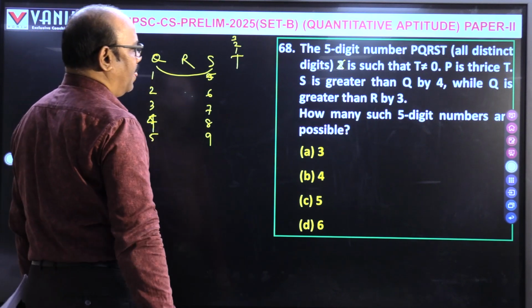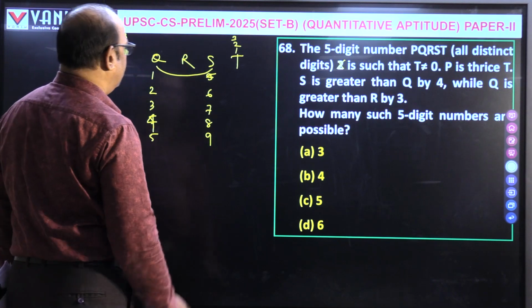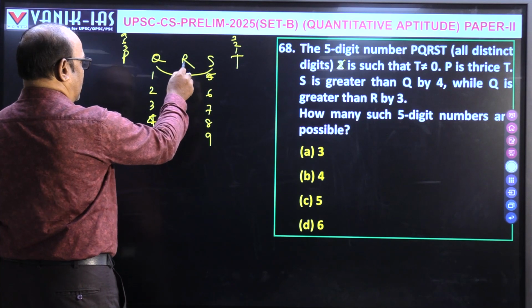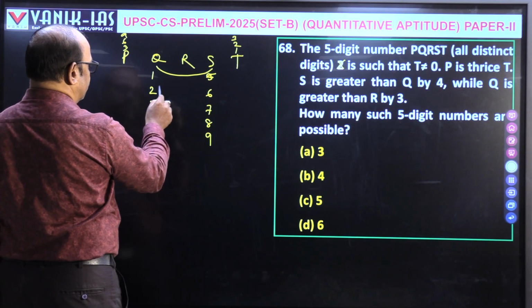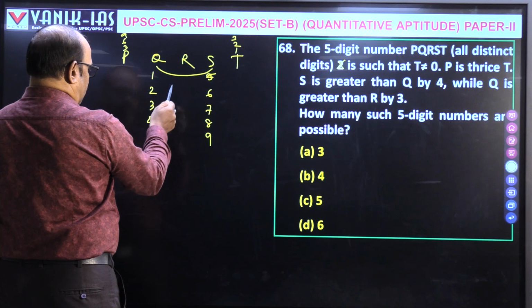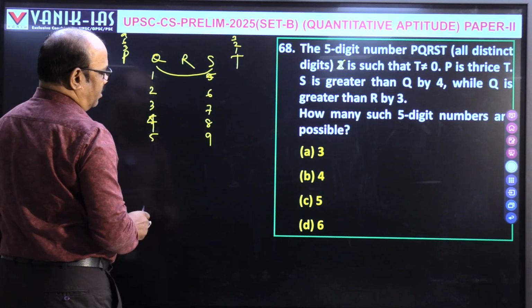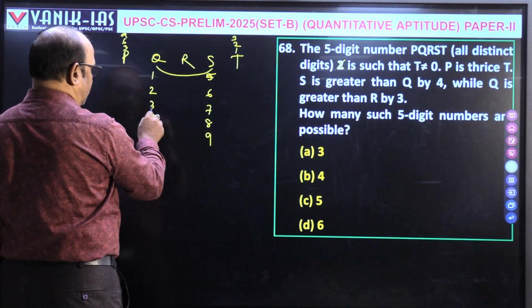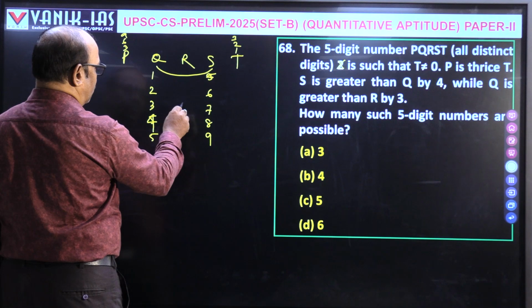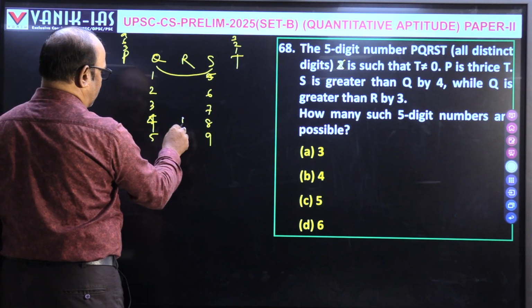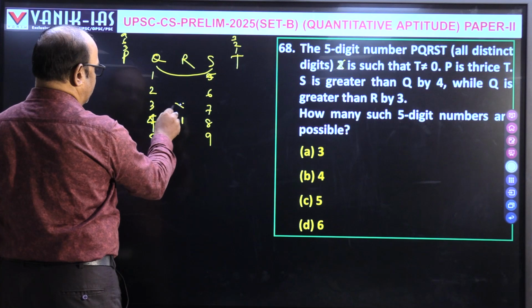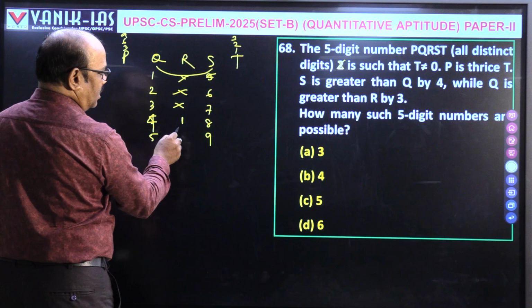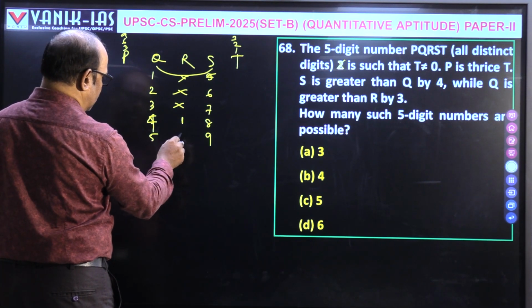These are the possibilities. And Q is greater than R by 3. If Q is 4, R will be 1; if Q is 5, R will be 2.